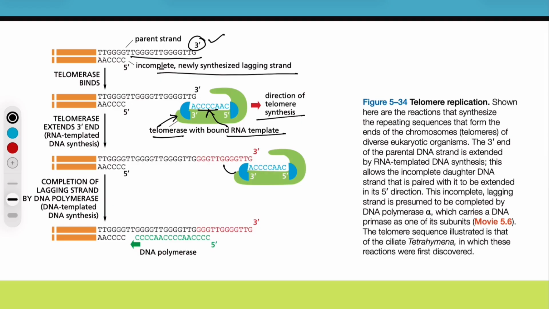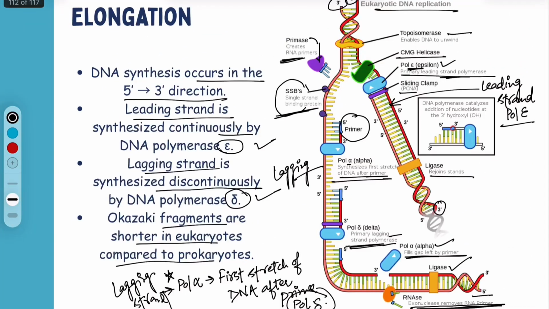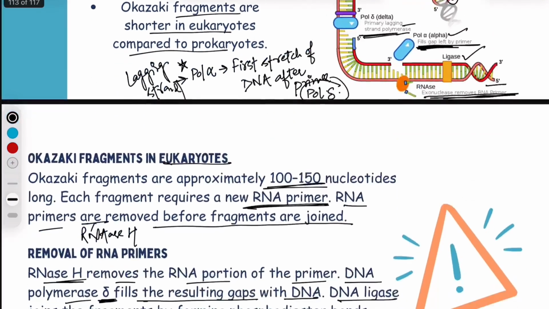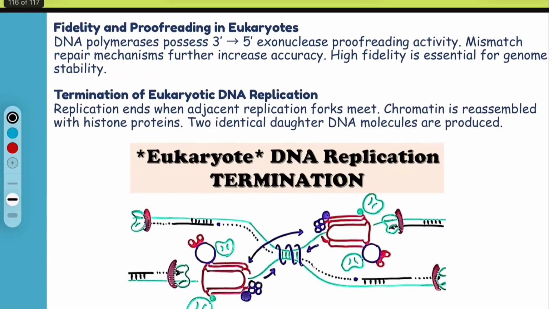Here the telomere is synthesized. The enzyme responsible to polymerize it is DNA Pol alpha. On the lagging strand, DNA Pol alpha comes here to extend the remaining strand.